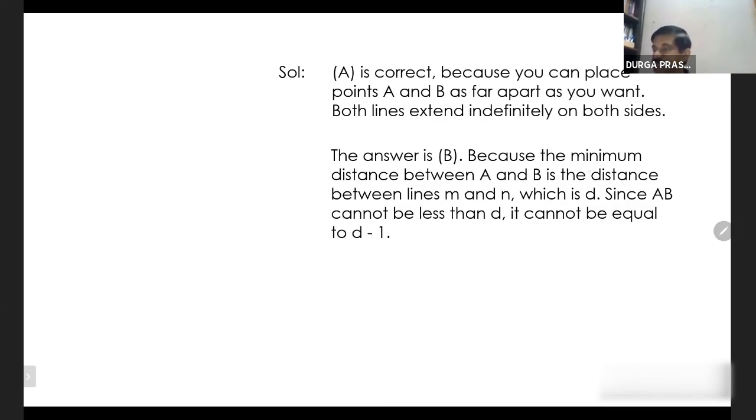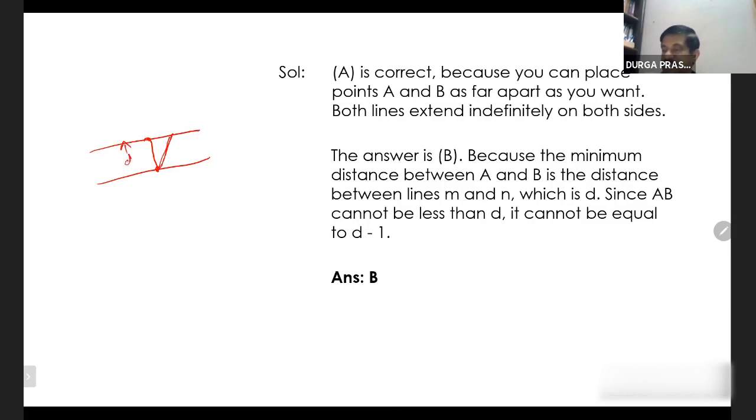The minimum distance between A and B, if they are lying on the perpendicular, then AB should be equal to D. If it becomes a little bit slant, it is always greater than the distance.